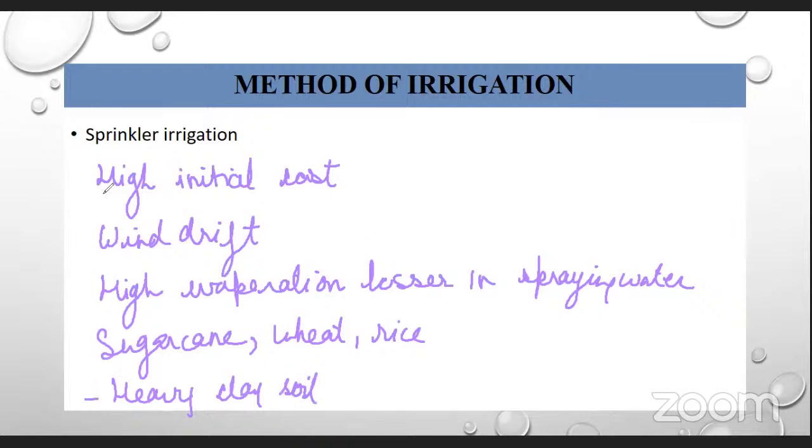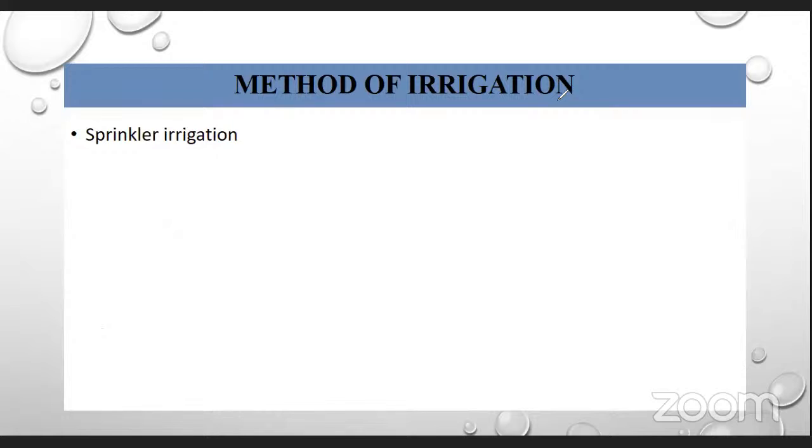These are the demerits. Then one more demerit is that poor quality water cannot be used, and we will study the quality of water later. So poor quality water cannot be used in sprinkler irrigation. Okay, so these are the demerits which we have to focus on.